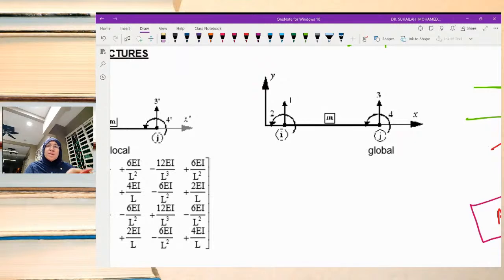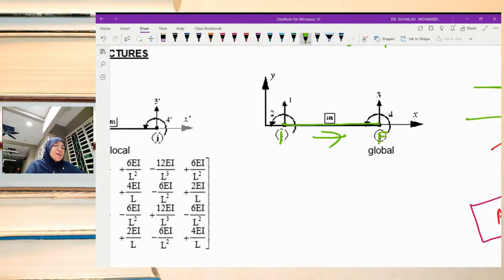As usual, one beam element consists of 2 nodes. The arrow is always going towards the right direction, so the arrow moves towards the far end.